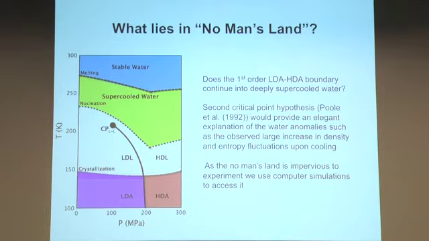Now, the presence of this second critical point, this is a hypothesis, would provide an elegant explanation of the water anomalies. As you all know, water has a lot of anomalies, and among these is the fact that response functions of the liquid show a kind of divergent behavior, at least an incipient divergent behavior, as one reduces the temperature.